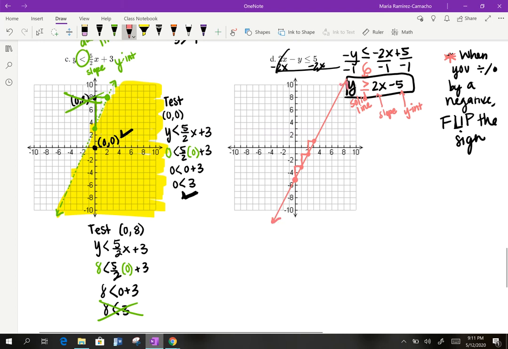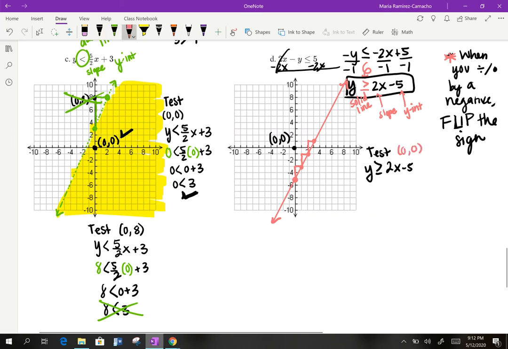Okay, let's figure out what direction to shade in. 0, 0 is a pretty easy point to test, so let's test that. Here was that inequality again. -5. And we're testing 0, 0.